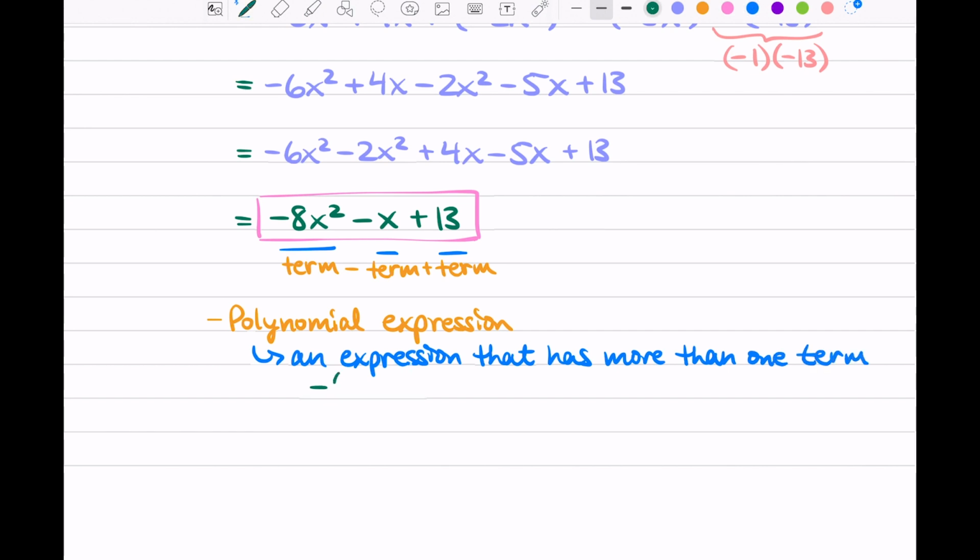The poly part of the word means many. So when you see polynomial, another way to think about it is many terms. It is an expression that has many terms.